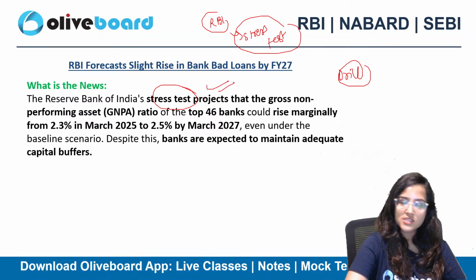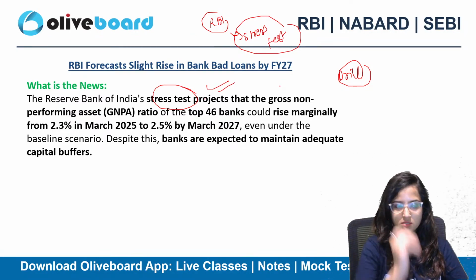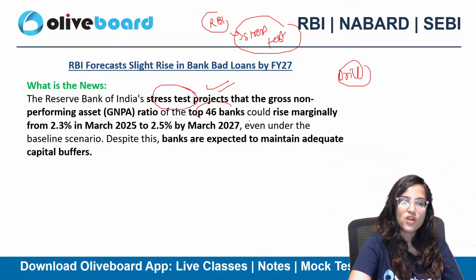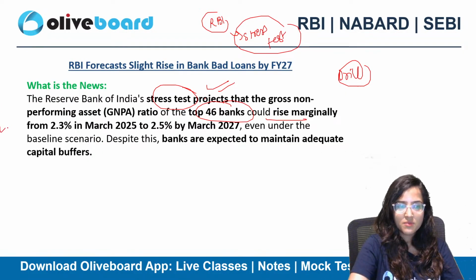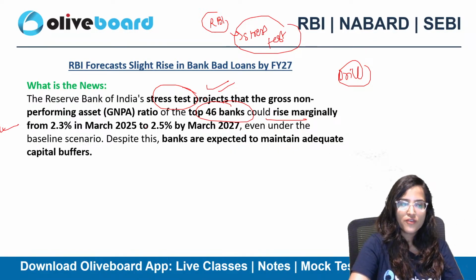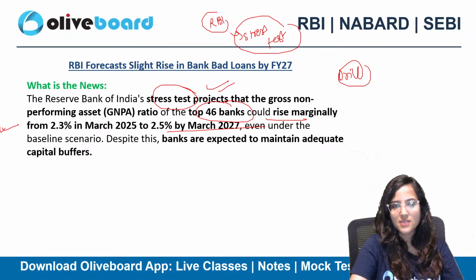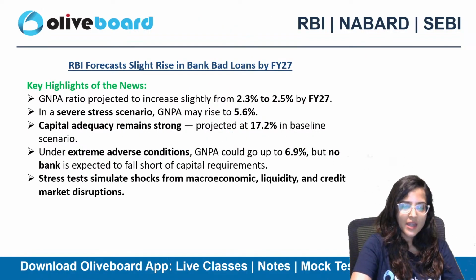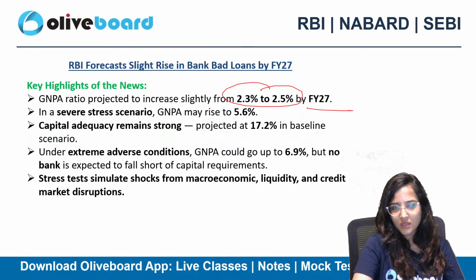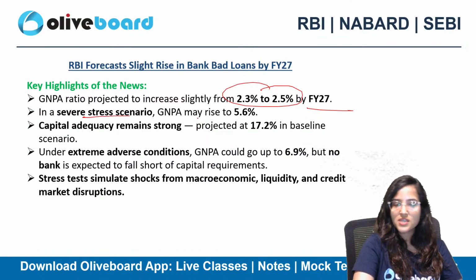Now, in this stress test, they are projecting that the gross NPA ratio of the top 46 banks could rise marginally from 2.3% in March 2025 to 2.5% by March 2027. Despite this, banks are expected to maintain adequate capital buffers. In a severe stress scenario, gross NPAs might rise to 5.6%.